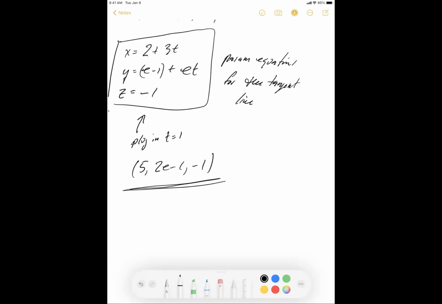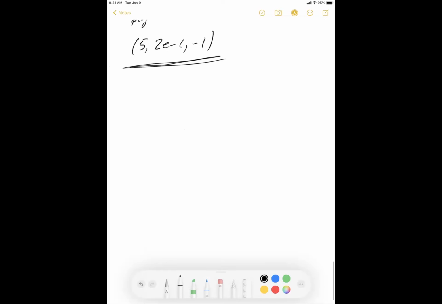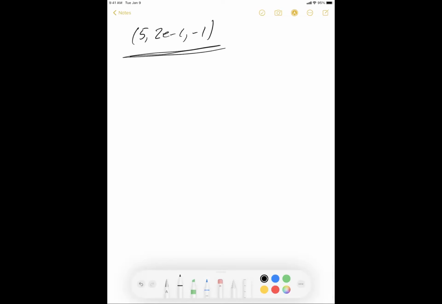Okay, so let's look at number 11 now. Find the area enclosed by one loop of the curve r equals 3 sine 2 theta.